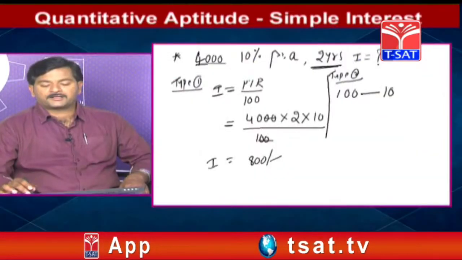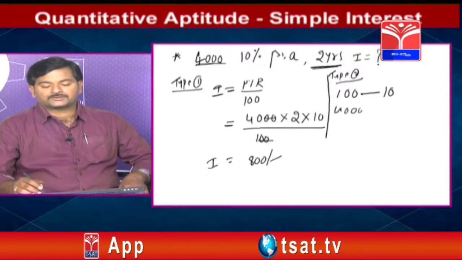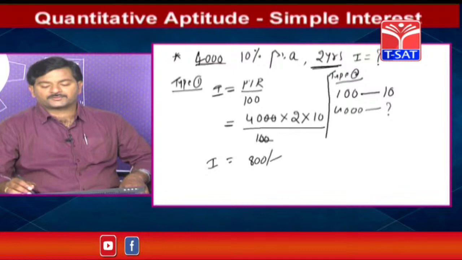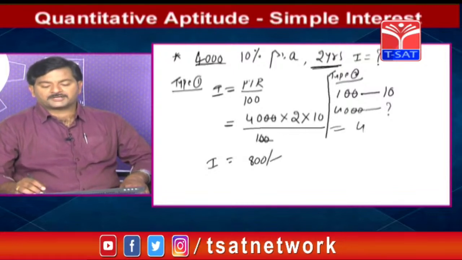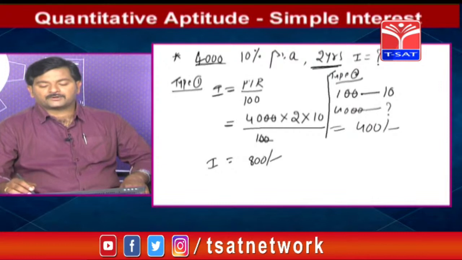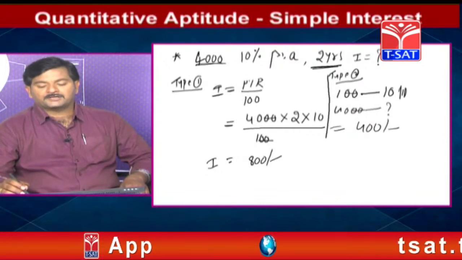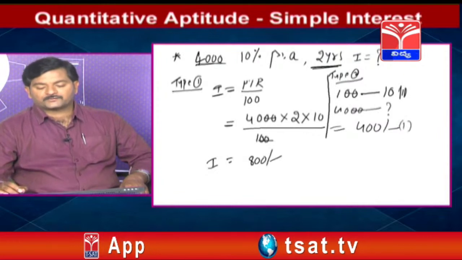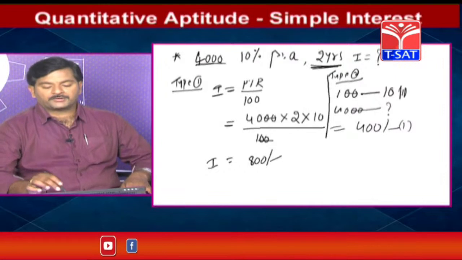If I borrow 100, the interest is 10 rupees, then for 4,000 rupees, what is the interest? After simplification, 40 into 10 is equal to 400. I told you this 10 rupees is for only 1 year, so this 400 is also for 1 year. Now we move to the question. In the question 2 years is given.